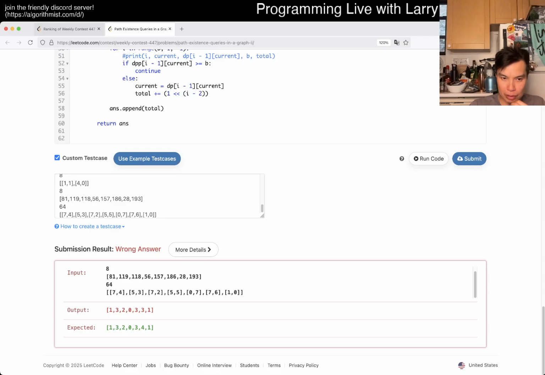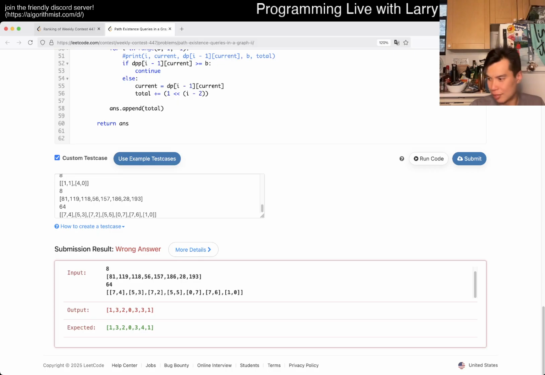So it's 6 to 7, which is 0, 1, 2, 3, 4, 5, 6, 7. So 28 to 193. So it's 28, 81, and then I don't know, 119 and 119.